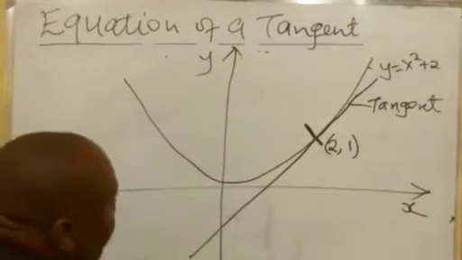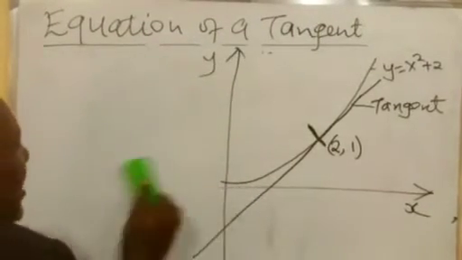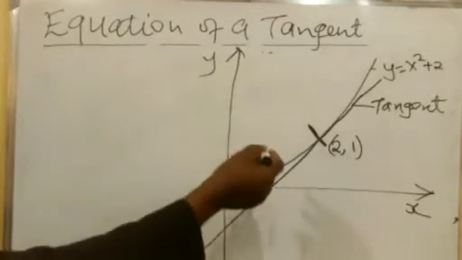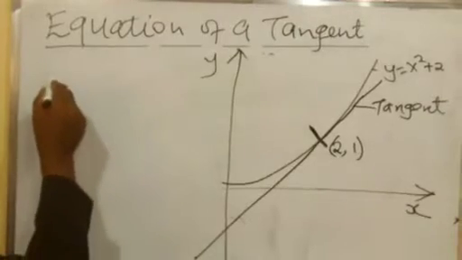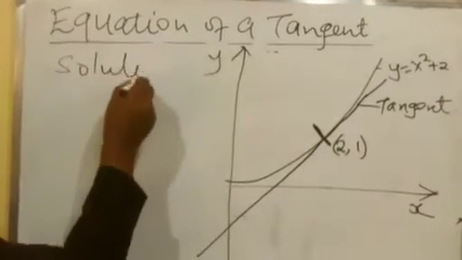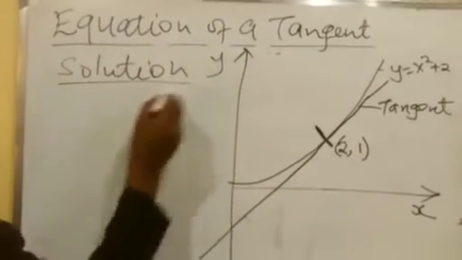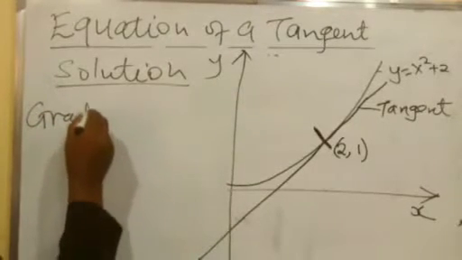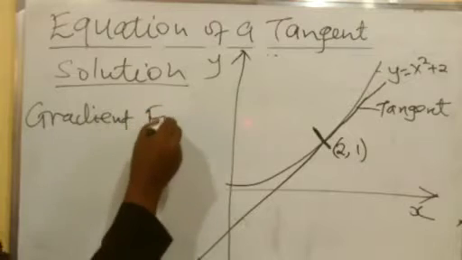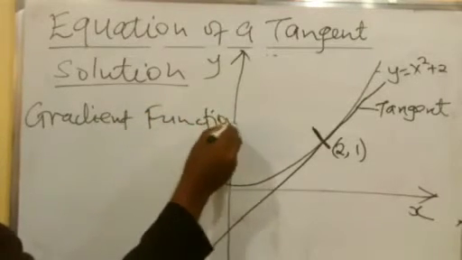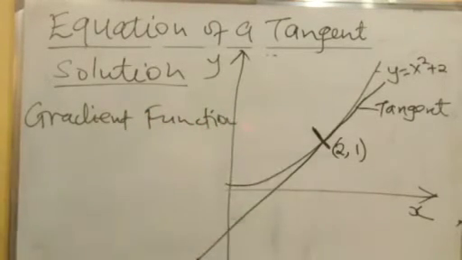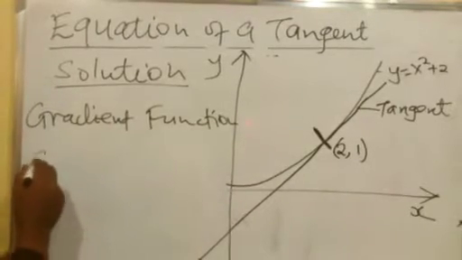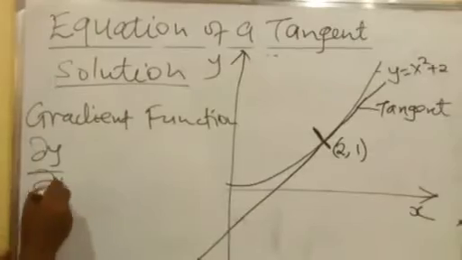Now, this is how we proceed in order to get the equation of the tangent at that particular point. We first of all have to get the gradient function of the curve. The gradient function of the curve is going to be dy/dx.